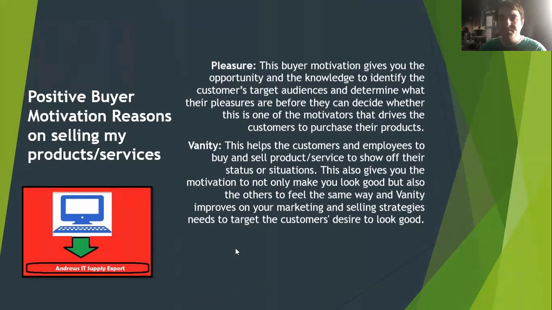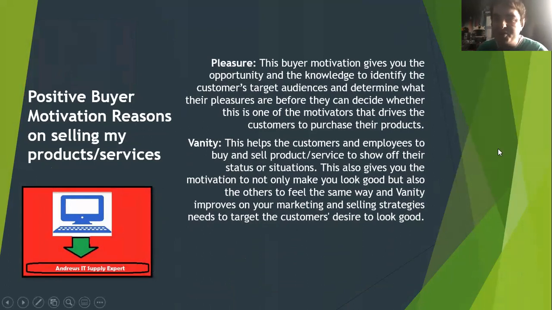Okay, pleasure. This buyer motivation gives you the opportunity and the knowledge to identify the customer target audiences and determine what their pleasures are, before deciding whether this is one of the motivators that drives the customers to purchase their products.